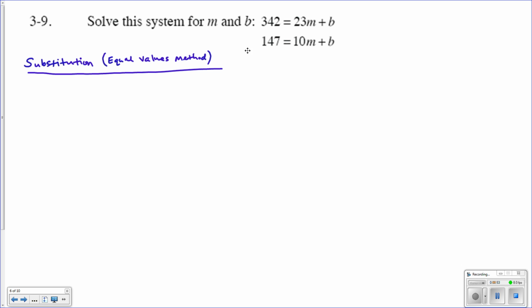So if we have 342 equals 23m plus b, and I also have 147 equals 10m plus b.